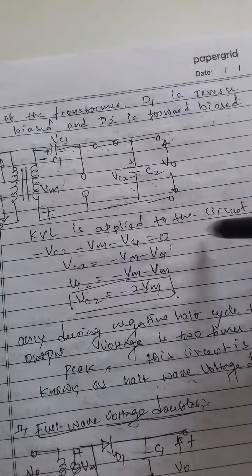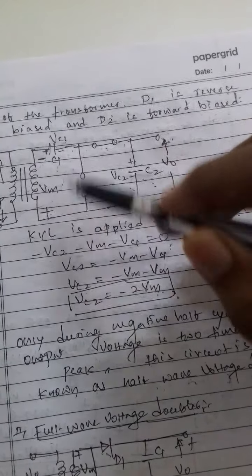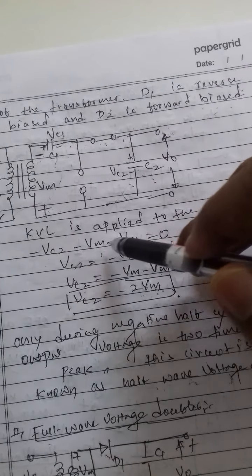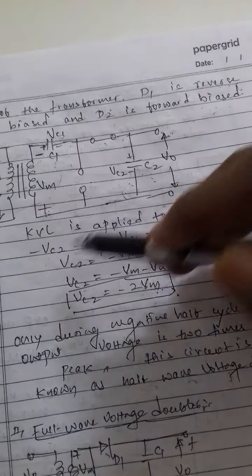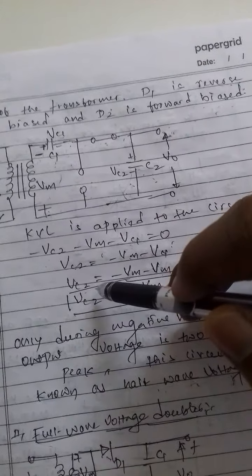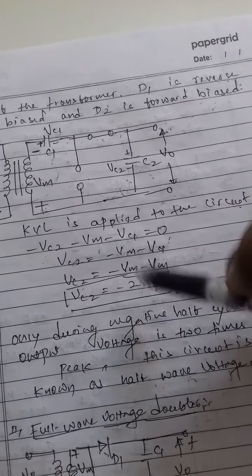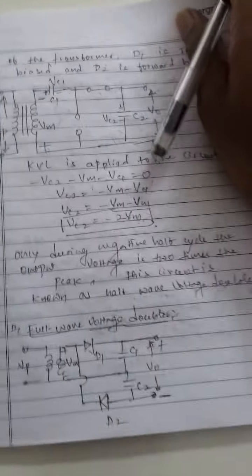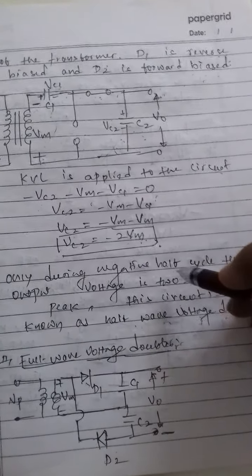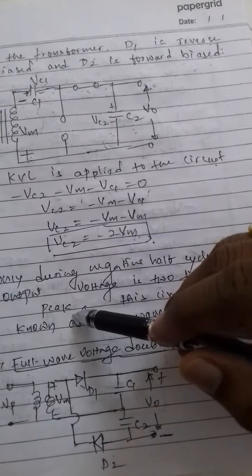Now KVL is applied to the circuit: minus VC2 minus VM minus VC1 is equal to 0, VC2 is equal to minus VM minus VC1, VC2 is equal to minus 2 VM. So only during the negative half cycle the output voltage is 2 times the peak voltage.